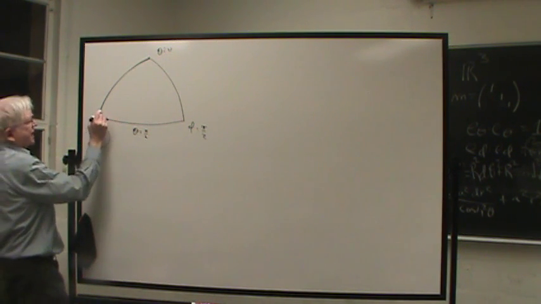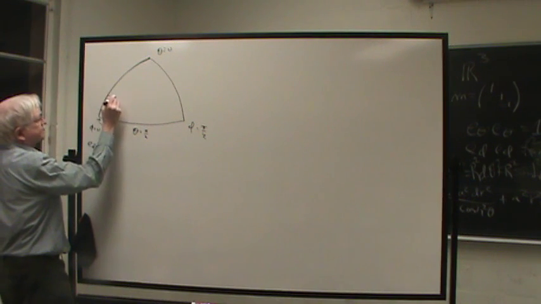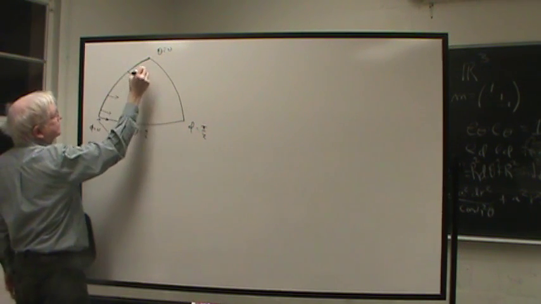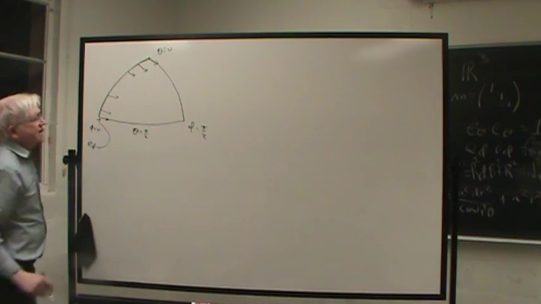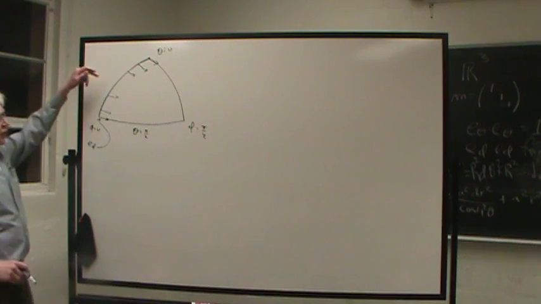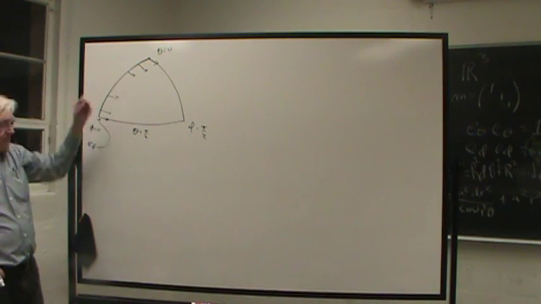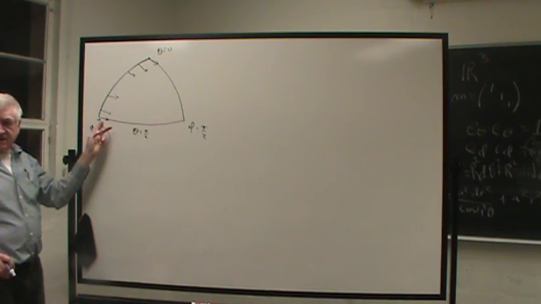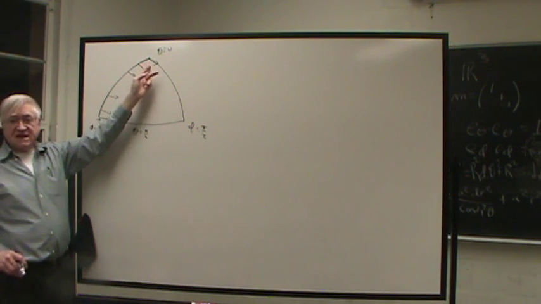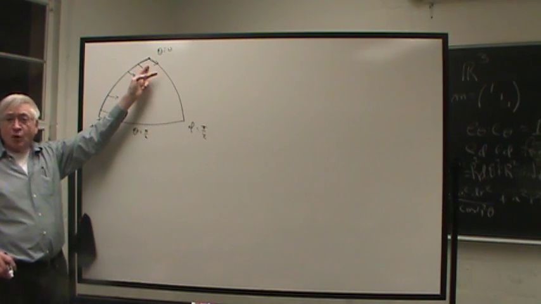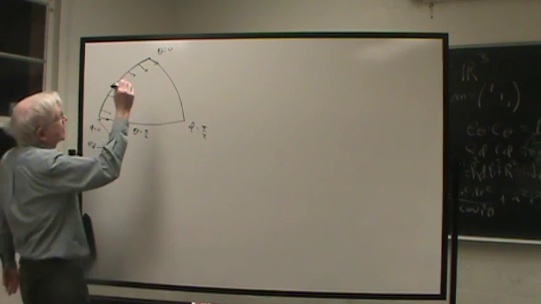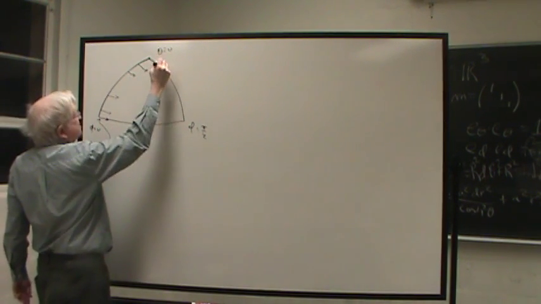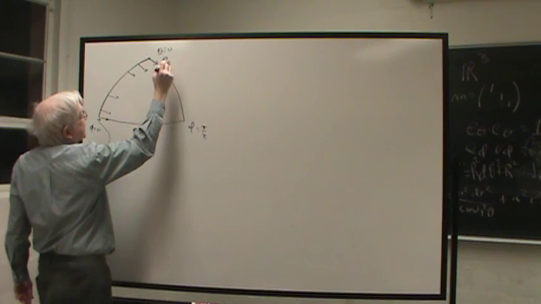If you do that, what happens? It looks like this. Just before you get to the North Pole, this E phi is still E phi, but it's almost the same as E theta. And we can now say that it's turned into E theta.